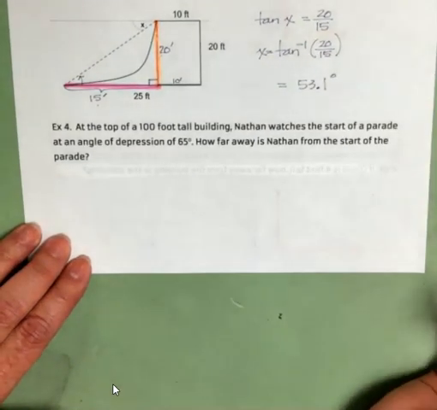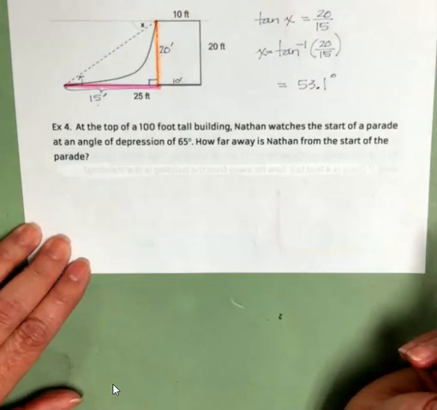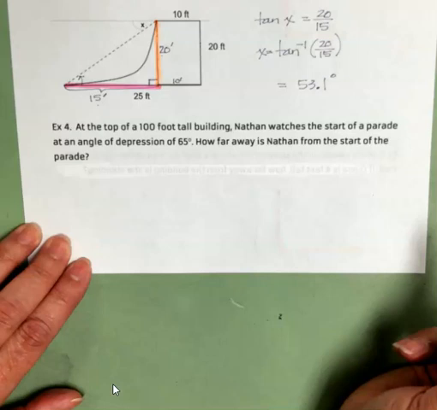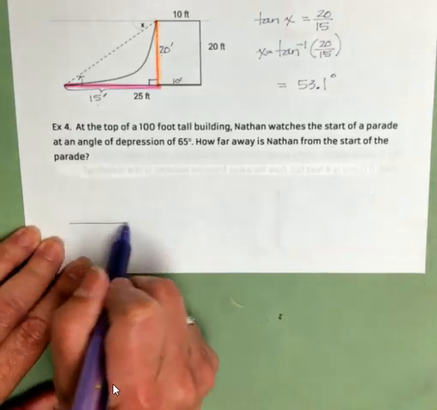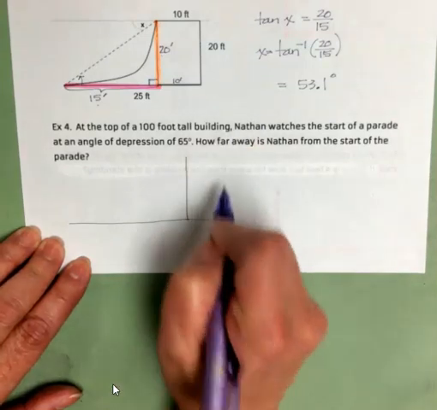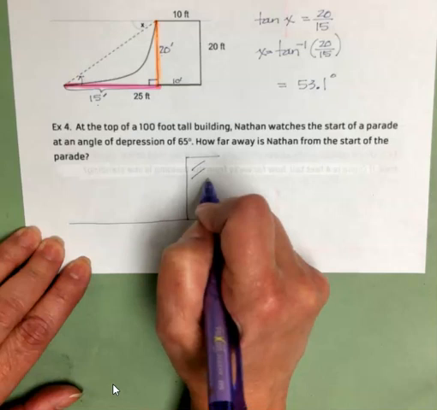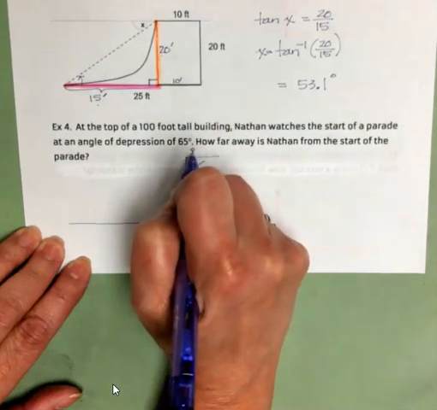At the top of a 100-foot tall building, Nathan watches the start of a parade at an angle of depression of 65 degrees. How far away is Nathan from the start of the parade? So if the parade is starting over here, let's do our building. Nathan is standing up here.